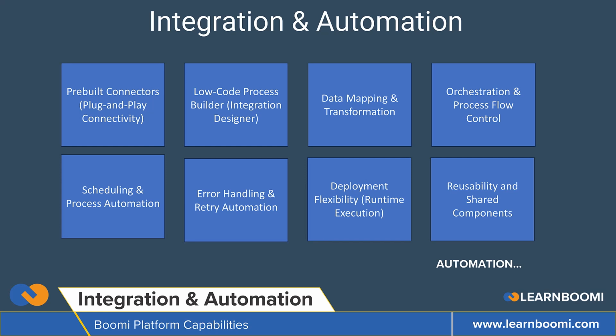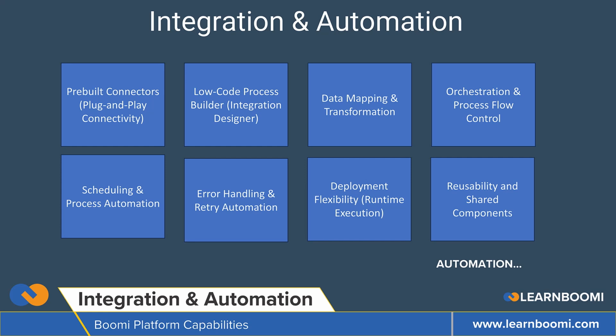Next is orchestration and the process flow control. Beyond simply data movement, Boomi allows automation of multi-step business logic inside an integration. You can orchestrate sequential processing, parallel processing, conditional routing, exception branches, sub-process calls, you can do looping, you can do batch handling.